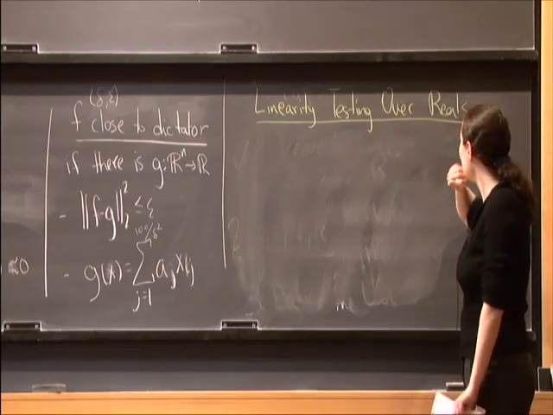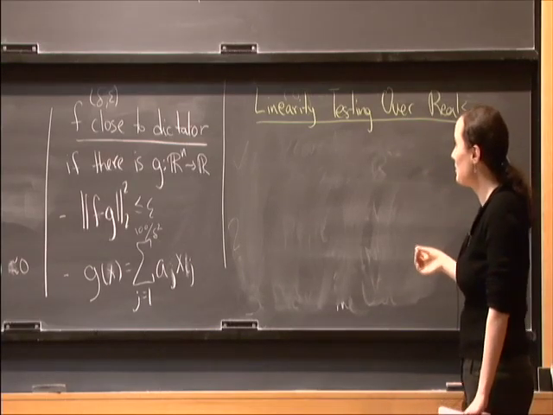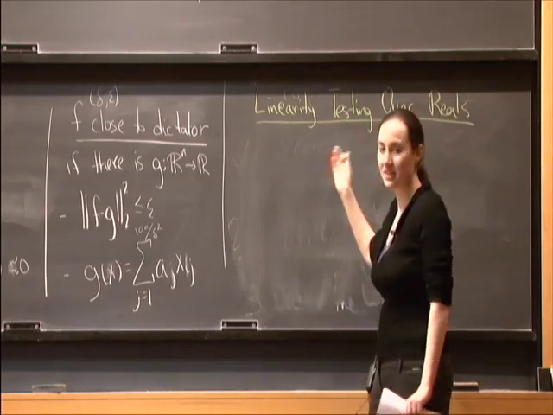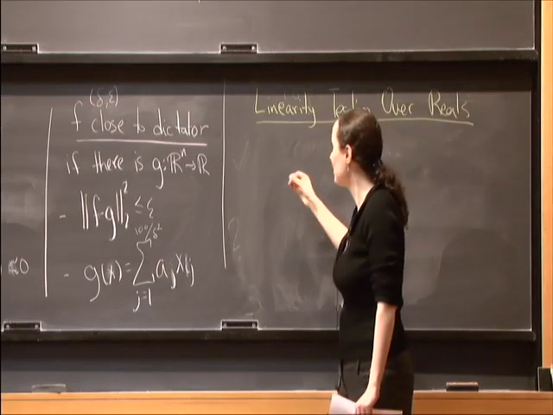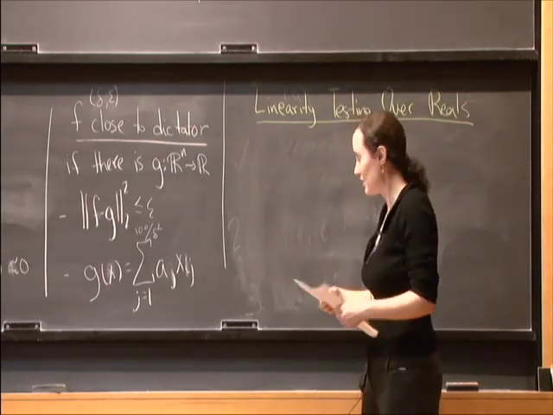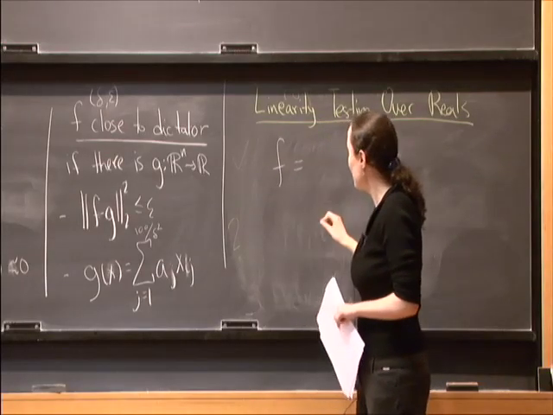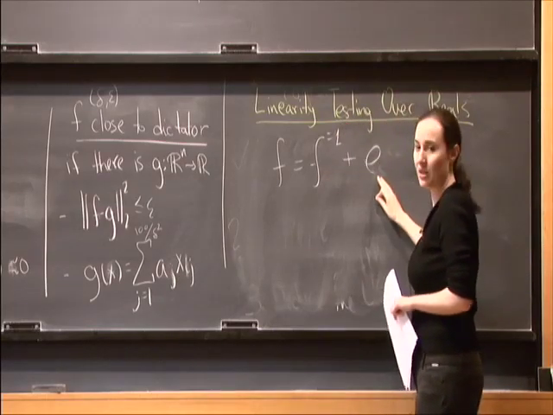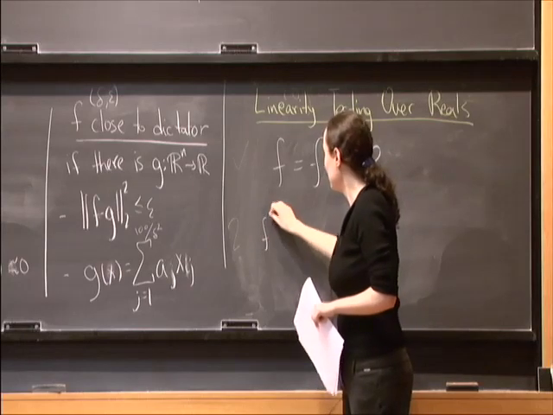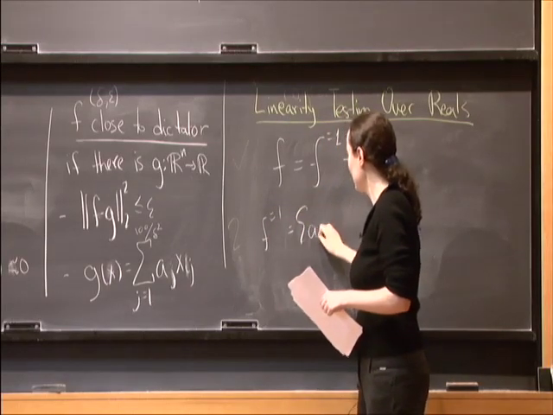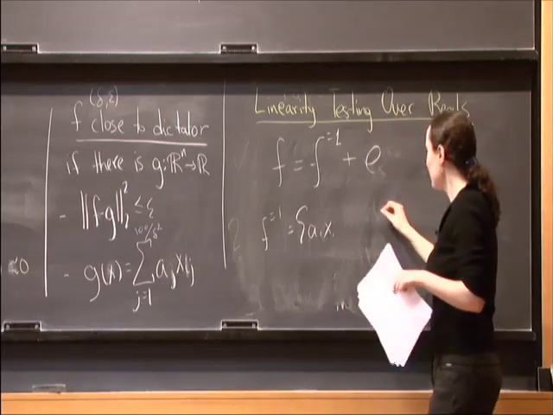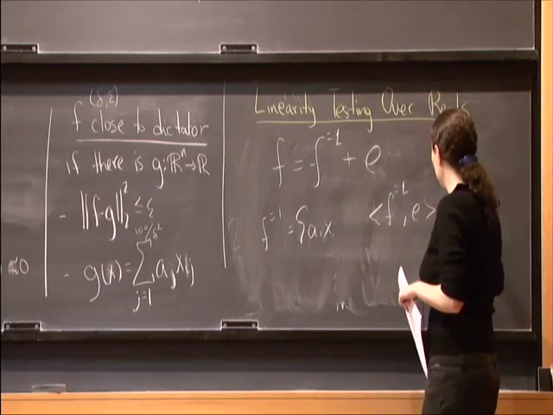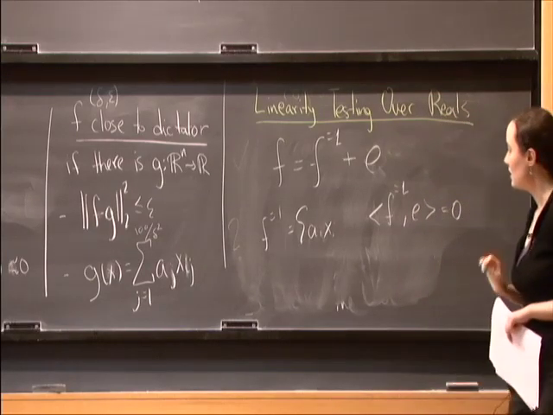So, linearity testing over reals. Let me tell you what the test is. We know linearity testing over GF2. You can take any function f and write it as a linear part, which is the sum of a_i x_i, plus a nonlinear part that is orthogonal to the linear part.